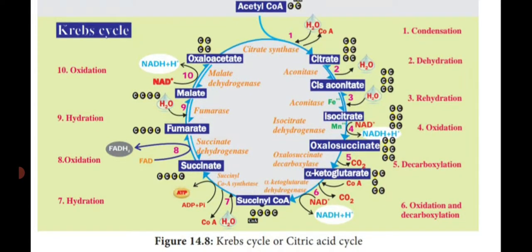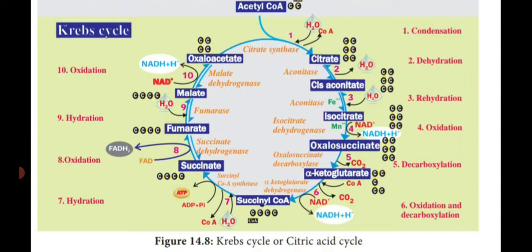Then the 4th step: isocitrate is converted into oxalosuccinate, which is a 6-carbon compound. At that time, one molecule of NAD gets reduced into NADH2; that is, the oxidation process takes place. Isn't it? Addition of hydrogen and removal of oxygen.